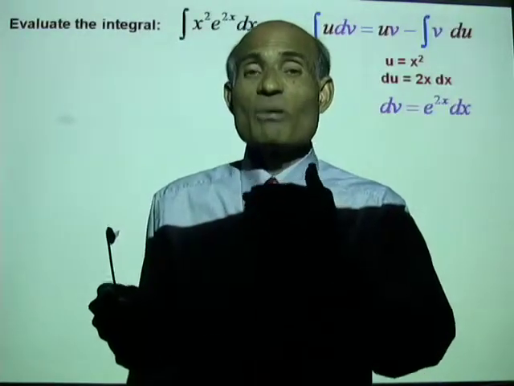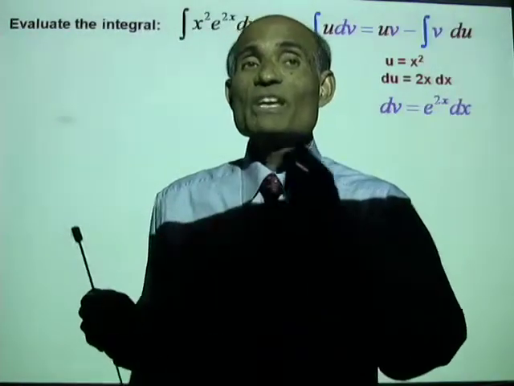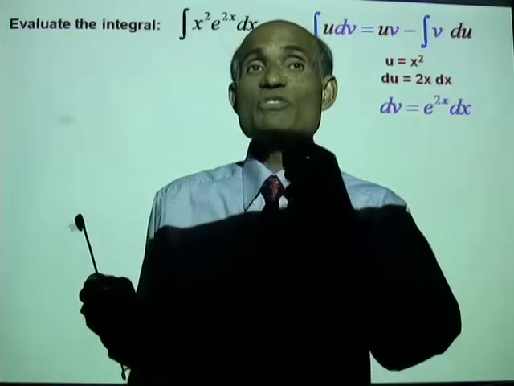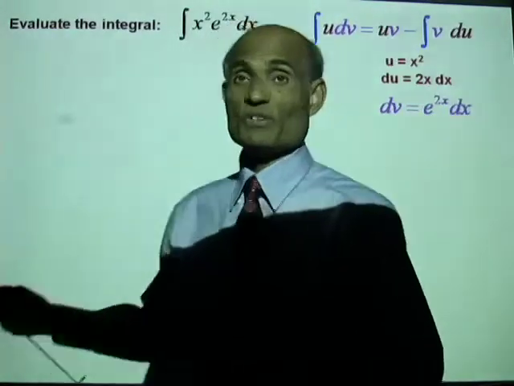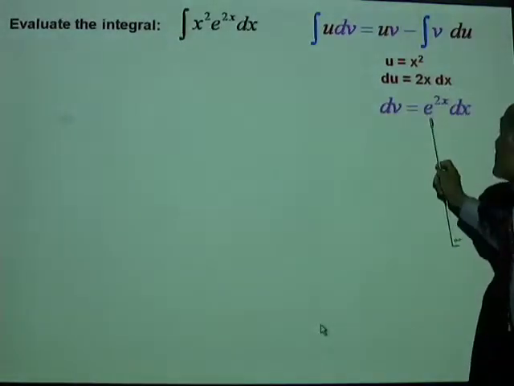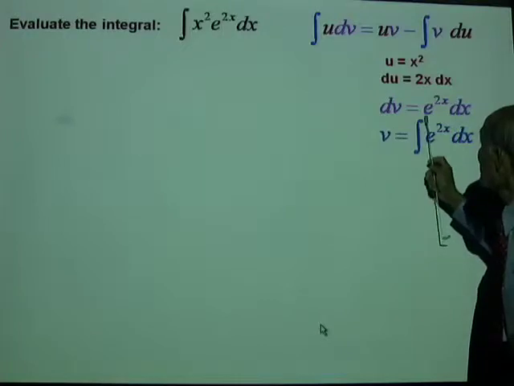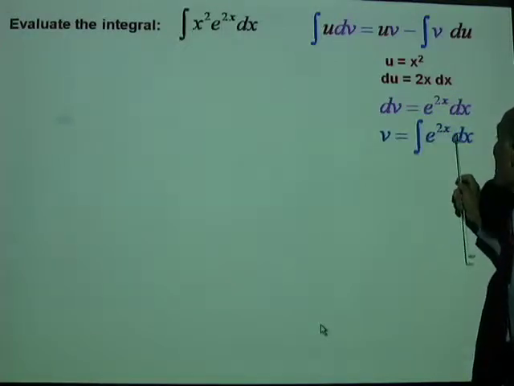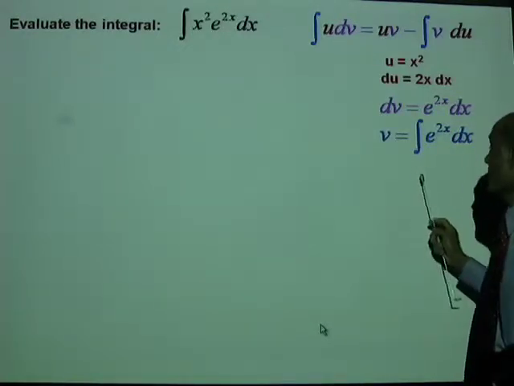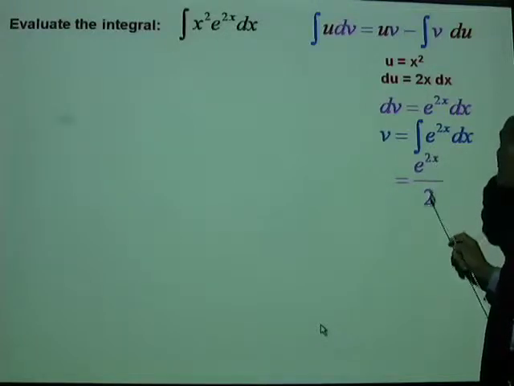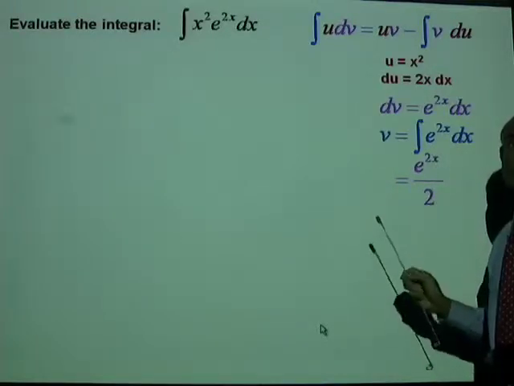The integral of e to the power of ax dx is e to the power of ax divided by a. So if dv equal to e to the power of 2x dx, then v will be the integral of e to the power of 2x dx, and that will be e to the power of 2x divided by 2.